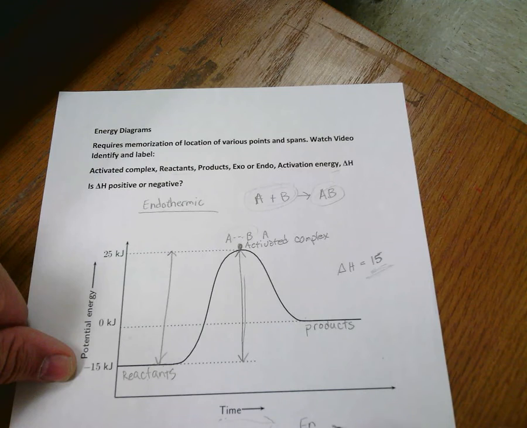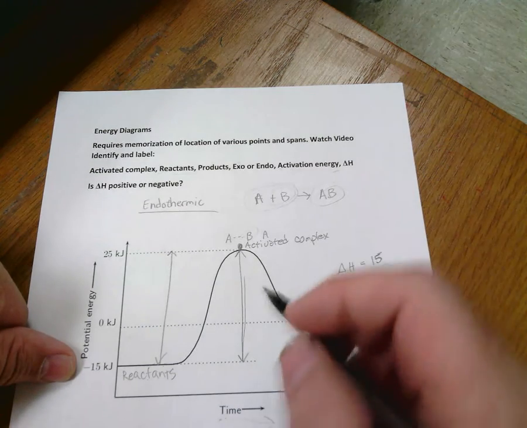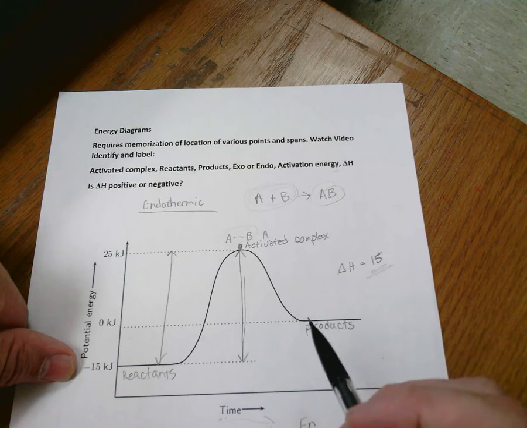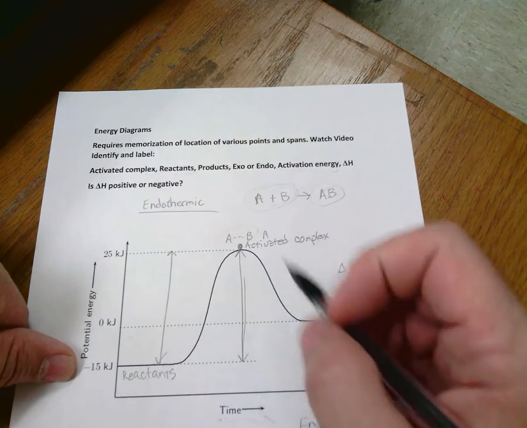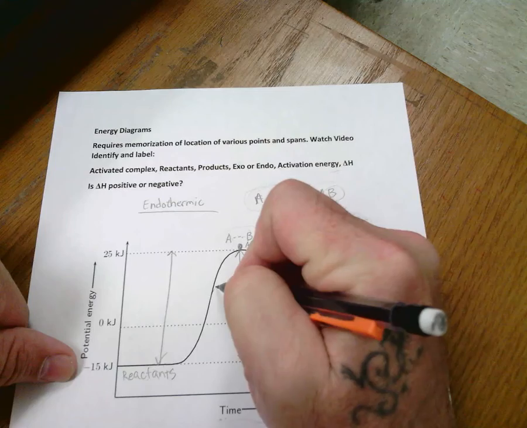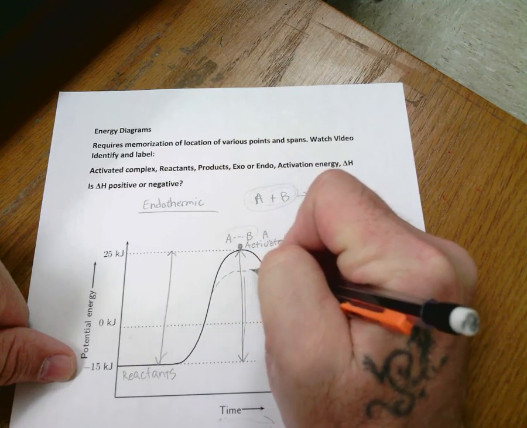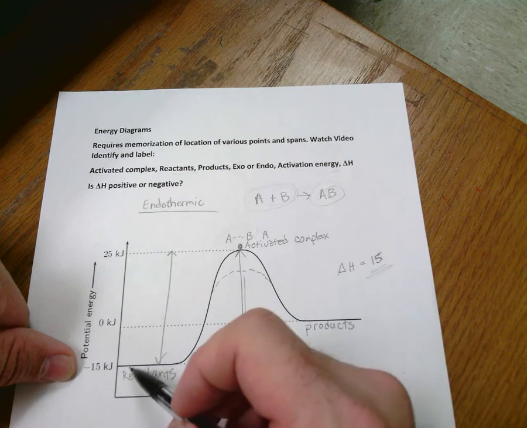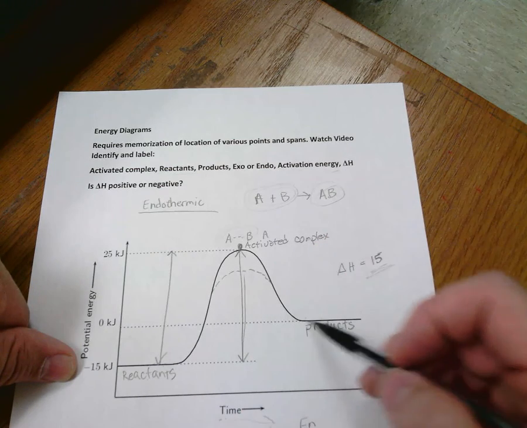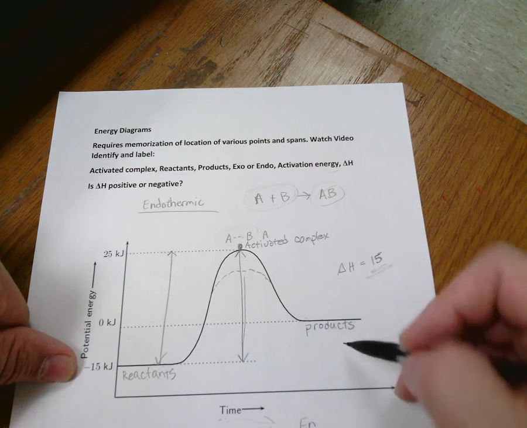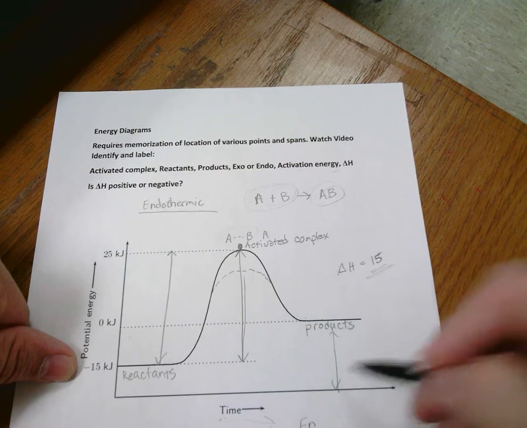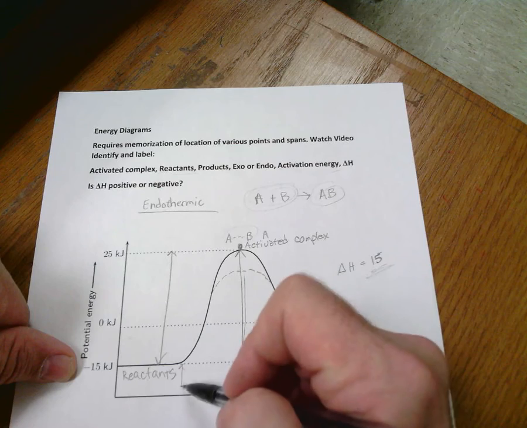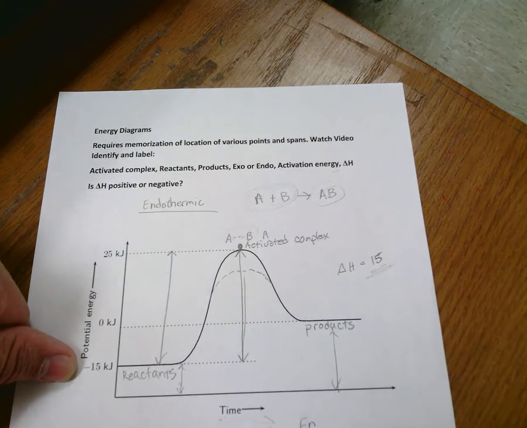What else can I point out here? I don't say this on this sheet here, but you got to know what a catalyst does. All a catalyst does is basically chop off the top of this hill so that the hill is shorter. It doesn't change where the products are, so this distance does not change, from the reactants to the bottom.